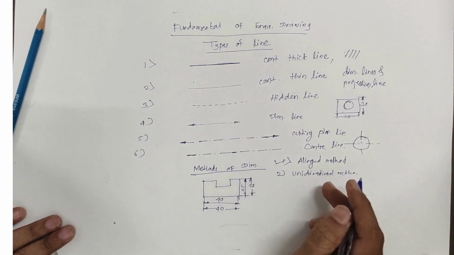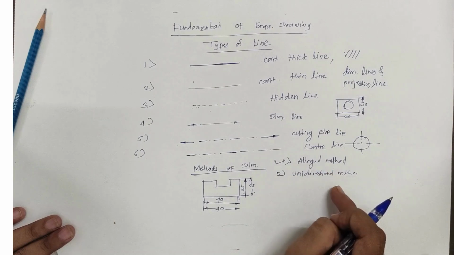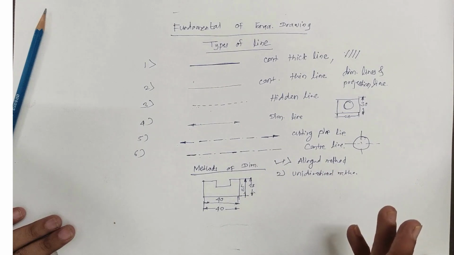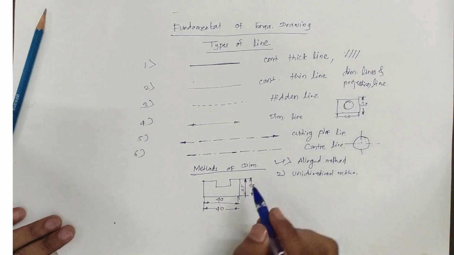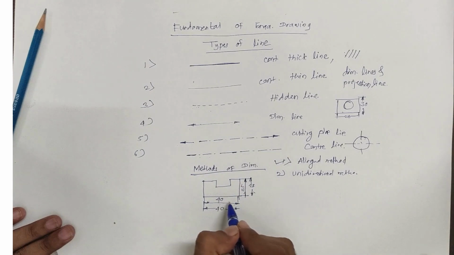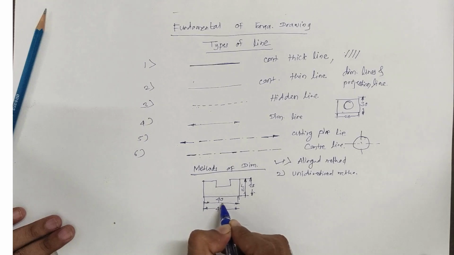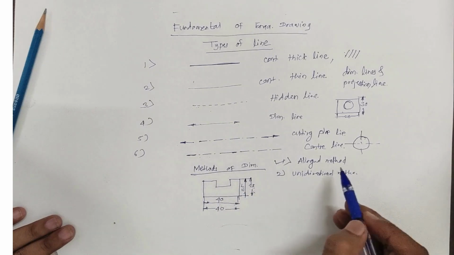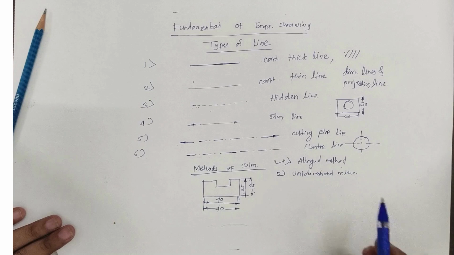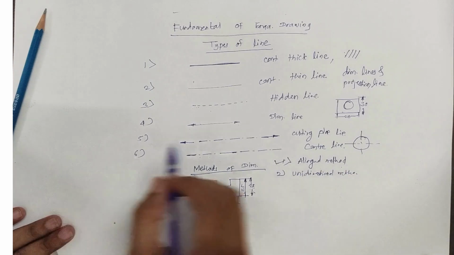You can use either the aligned or the unidirectional method, but you should follow only one method. In the aligned method, it is perpendicular to the dimension line in the center, and in the unidirectional method we cut from the center and show it like this. So these are the two methods, aligned and unidirectional.